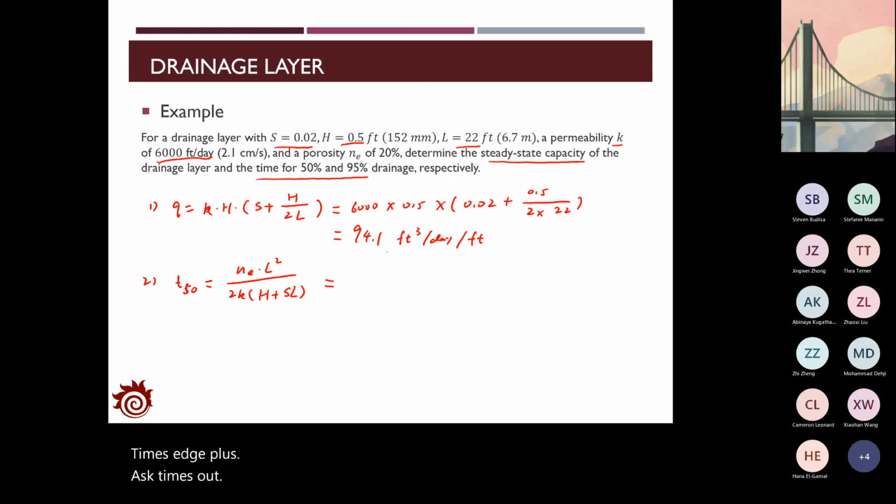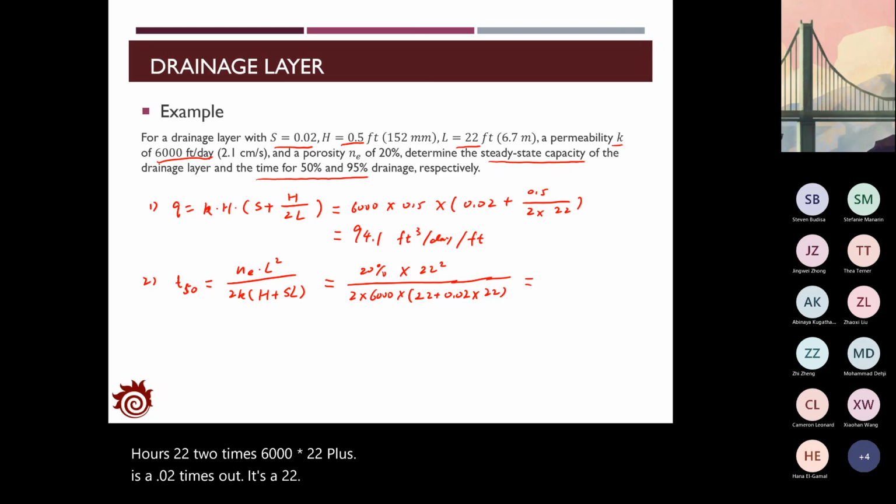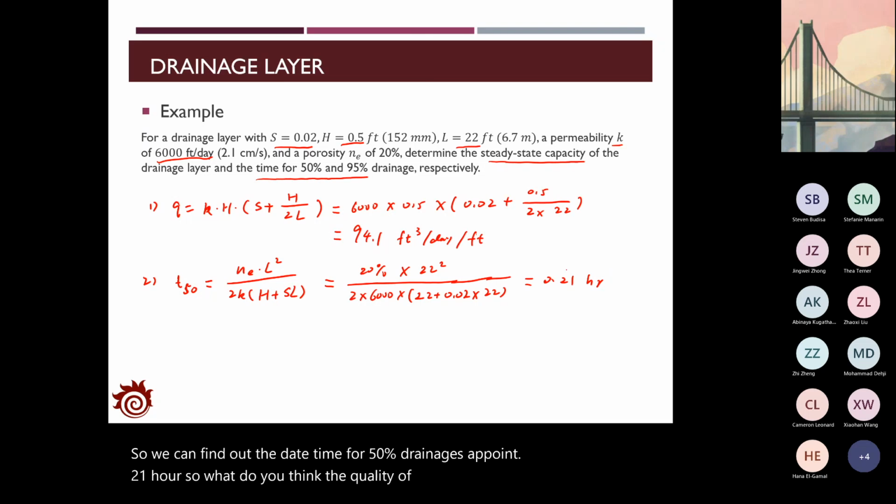So NE is 20%, L is 22, and 2 times 6,000 times (0.5 plus 0.02 times 22). So with that, we can find that the time for 50% drainage is 0.21 hour. So what do you think about the quality of this drainage system?